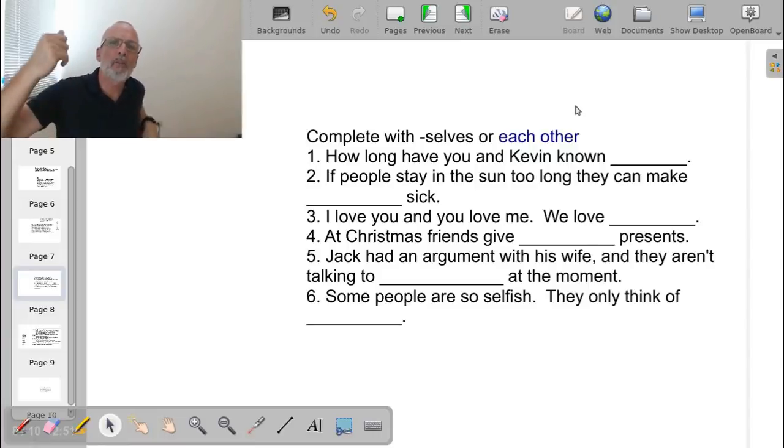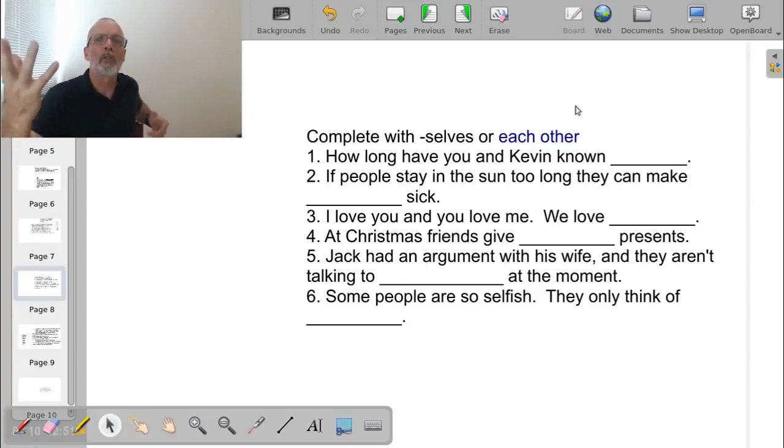Not themselves, which is when the two people do the same thing to themselves, so the subject and the object are the same. Each other is for reciprocal actions. So what we've got to do in this exercise is put in either one of the reflexive pronouns, one of the plural reflexive pronouns, or each other.